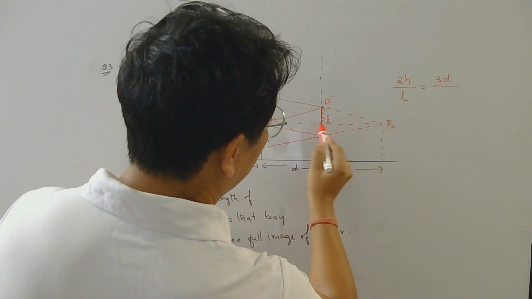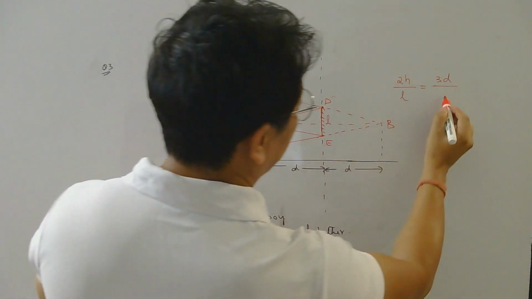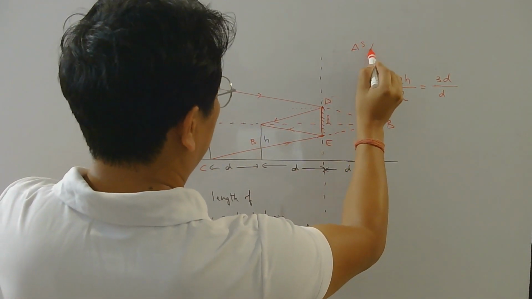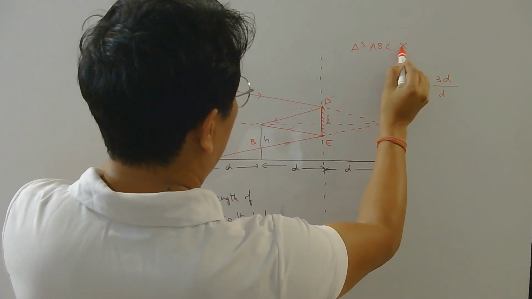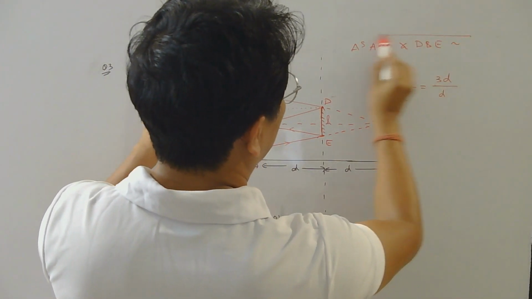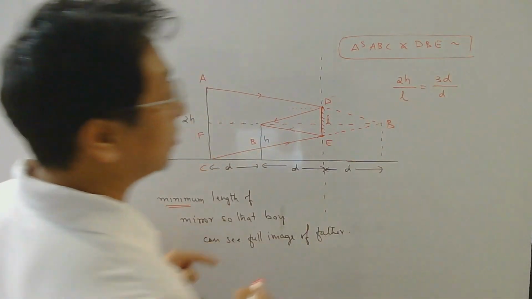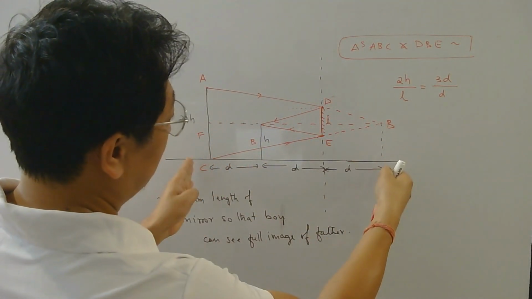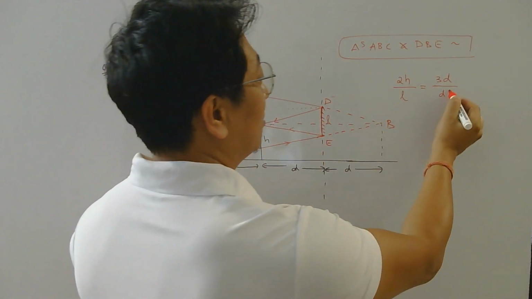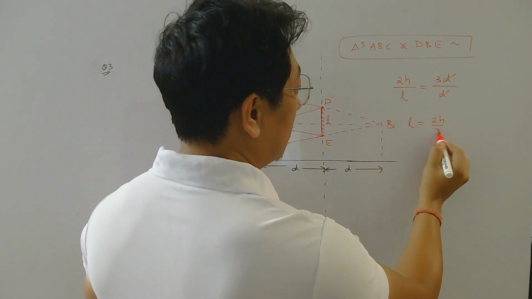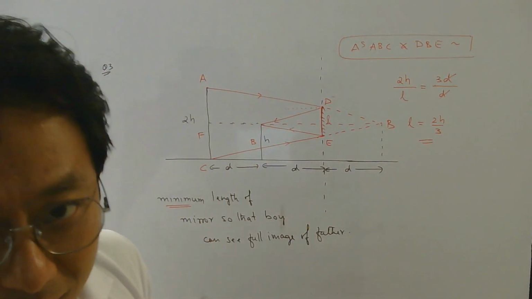This is the corresponding side, which is how much? D. So this is for triangles ABC and DBE, which are similar triangles. And for similar triangles, this divided by this should be this divided by this. So D gets cancelled, so L will be equal to 2h by 3. So that would be the answer.